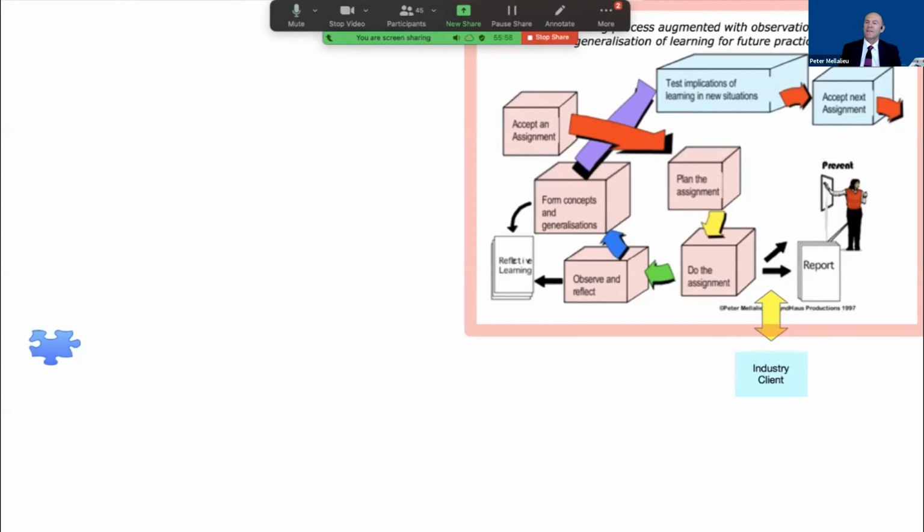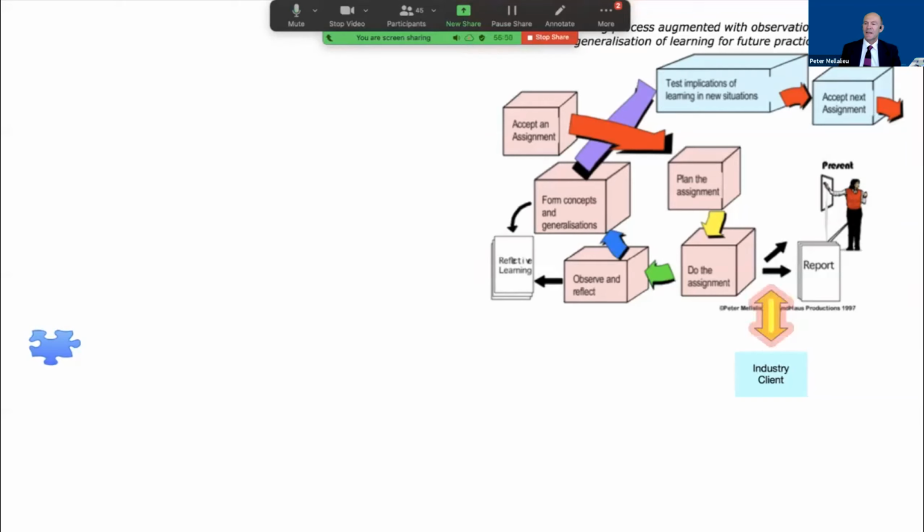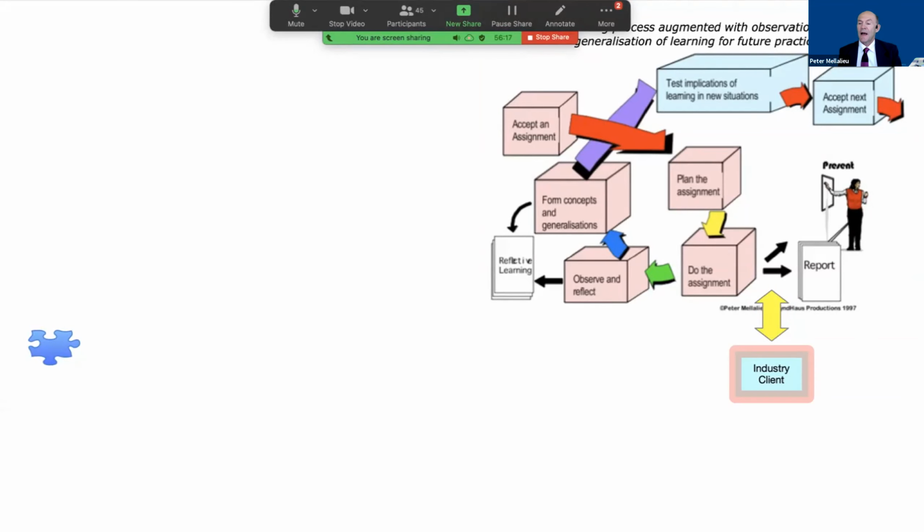The first thing that we have with authentic learning is that you do the assignment in conjunction with an industry client. You're trying to help someone in industry, and again I mean in business, not for profit, the community, whatever, and you're going to be undertaking the assignment with them, for them.